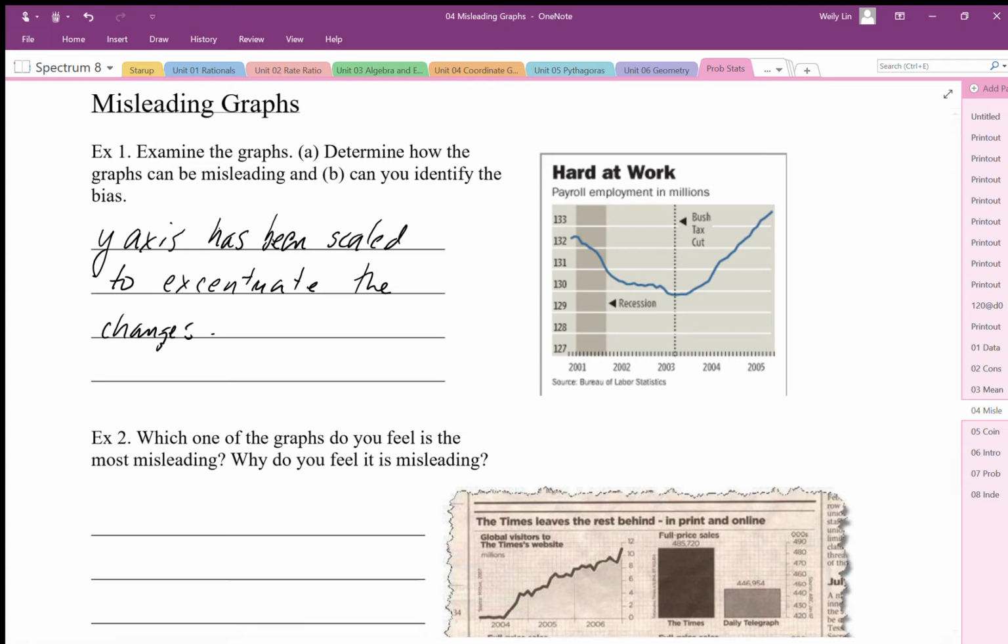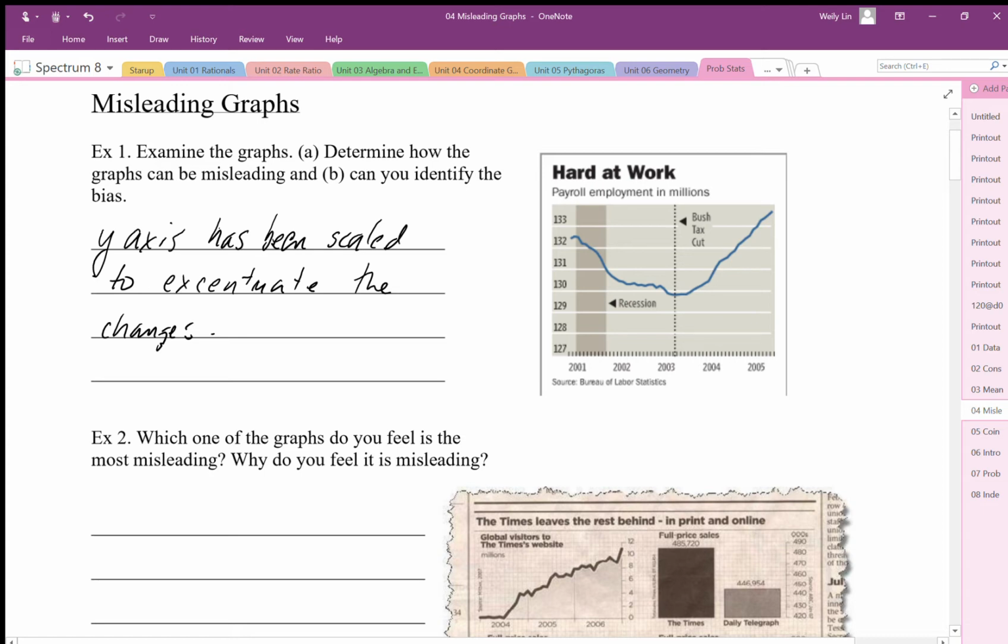Okay, well, why would somebody want to produce a graph like this? What's the bias? Bias means, is there an agenda here, a hidden agenda, or something that somebody's trying to promote? So in this case, it looks like this graph is trying to promote the fact that the tax cut is what's causing the economy to go back up.